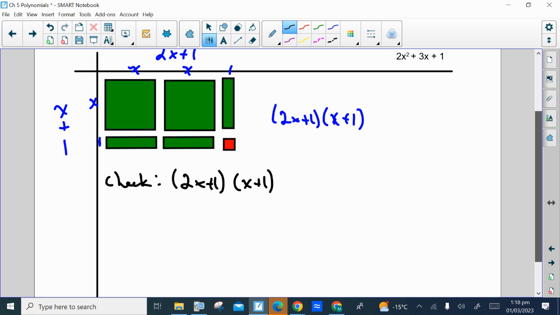Did you say 2 times x? 2x times what? 2x times x plus 1. You're going to multiply the 2x by the entire binomial that's written down second. Anything else?